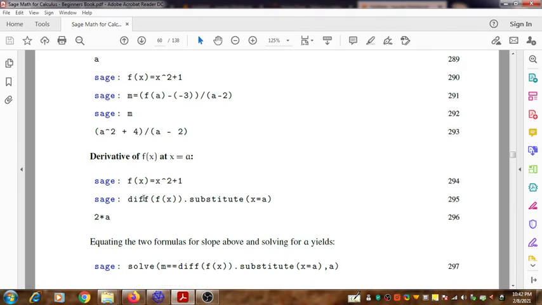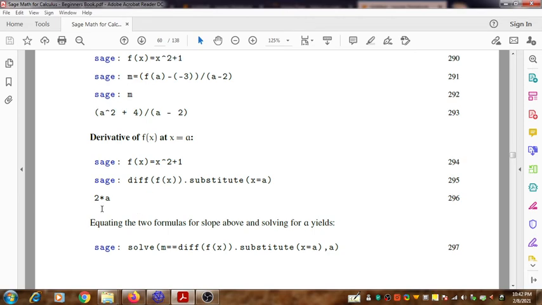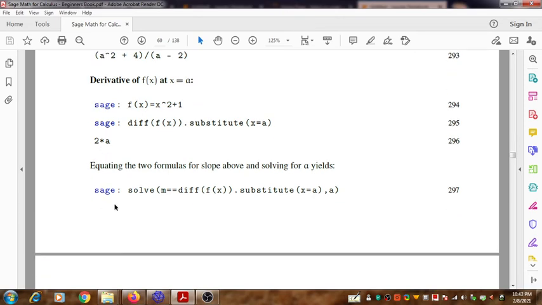Then we find the derivative and use the substitute command to evaluate it at the point x equal to a. In general, we are trying to solve this problem in a general way. So differentiate f(x), then substitute x equal to a, and you get the answer 2a.